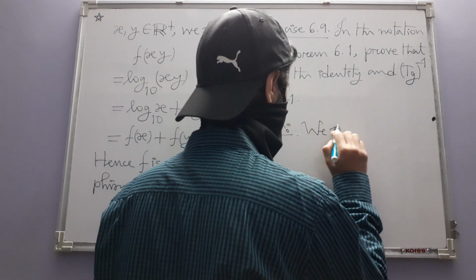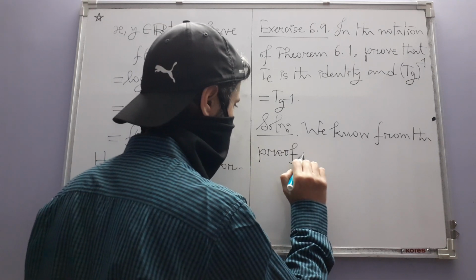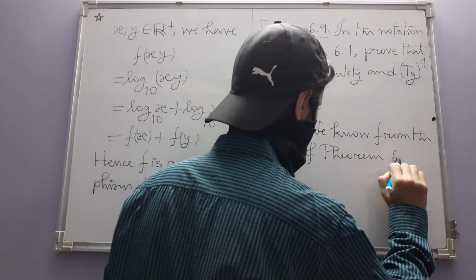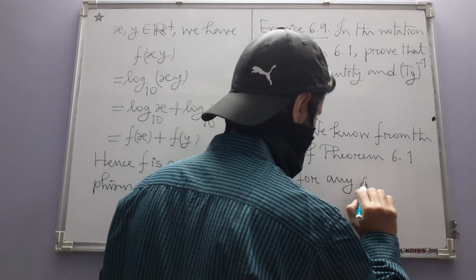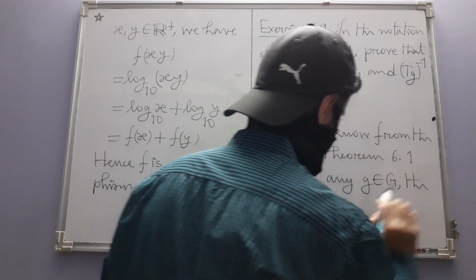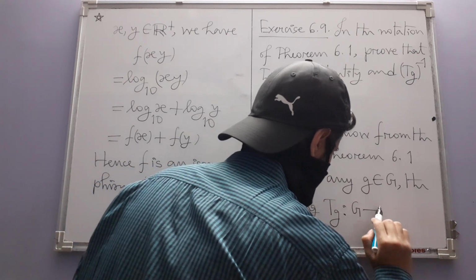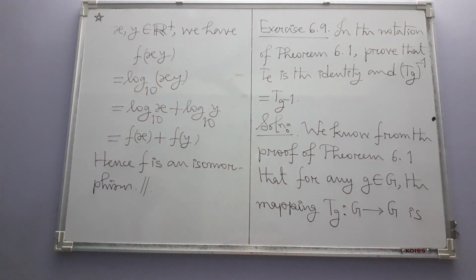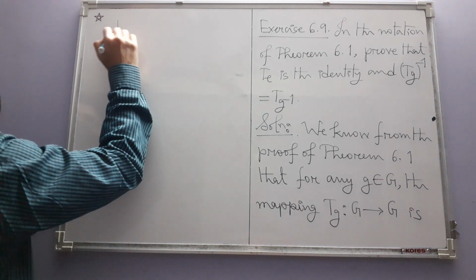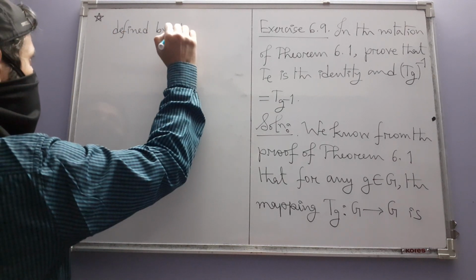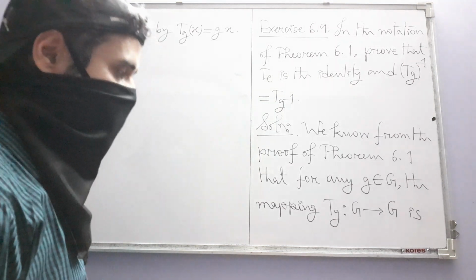We know from the proof of theorem 6.1 that for any g belonging to G, the mapping T_g from G to G is defined by left multiplication by g.